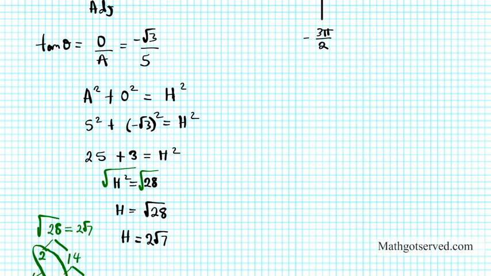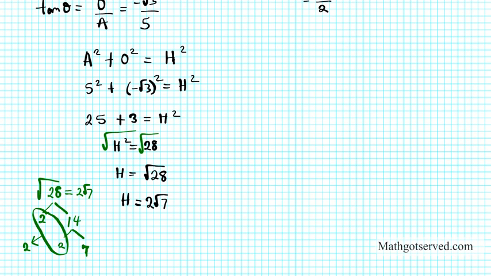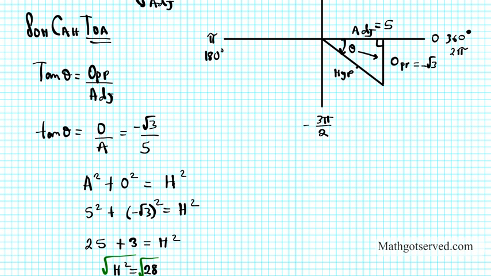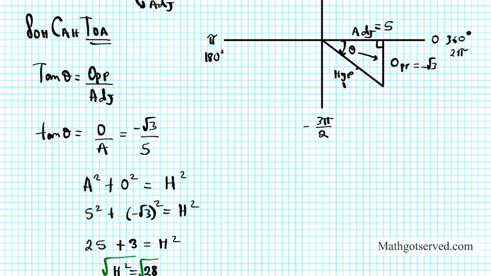Alright, let's put that information back into our triangle. And now we're ready to compute the values of all 6 trig ratios. So h is 2 root 7. So sine theta using SOHCAHTOA is opposite over hypotenuse. The opposite is negative root 3 over the hypotenuse, which is 2 root 7.